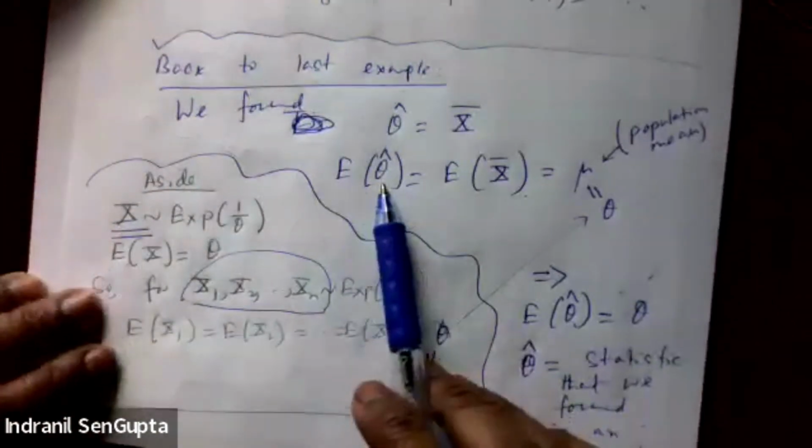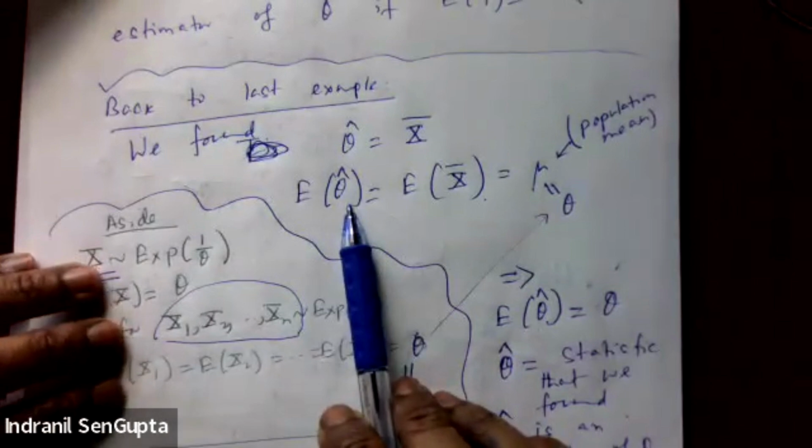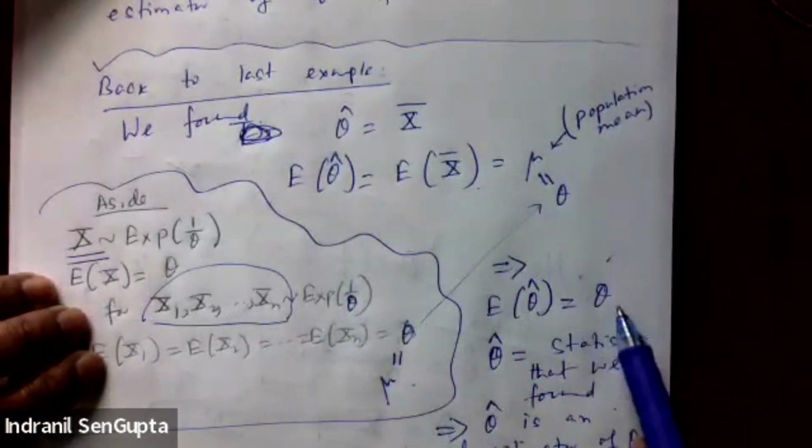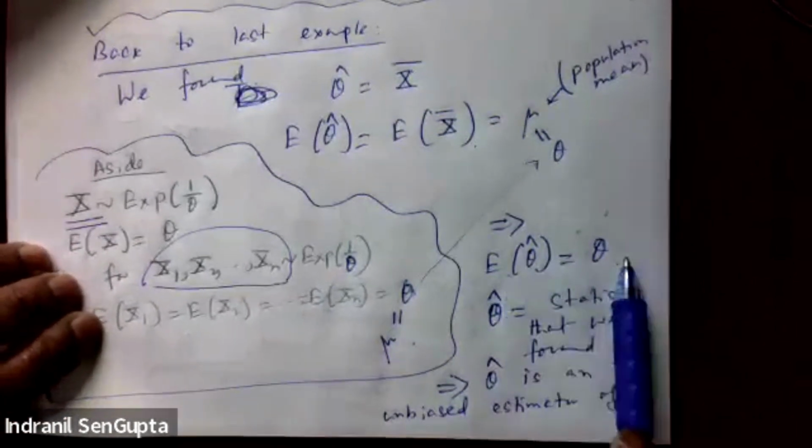Then we observe that E of theta hat is the same as theta, and hence theta hat is an unbiased estimator of theta. This is a very good example for understanding the likelihood function.